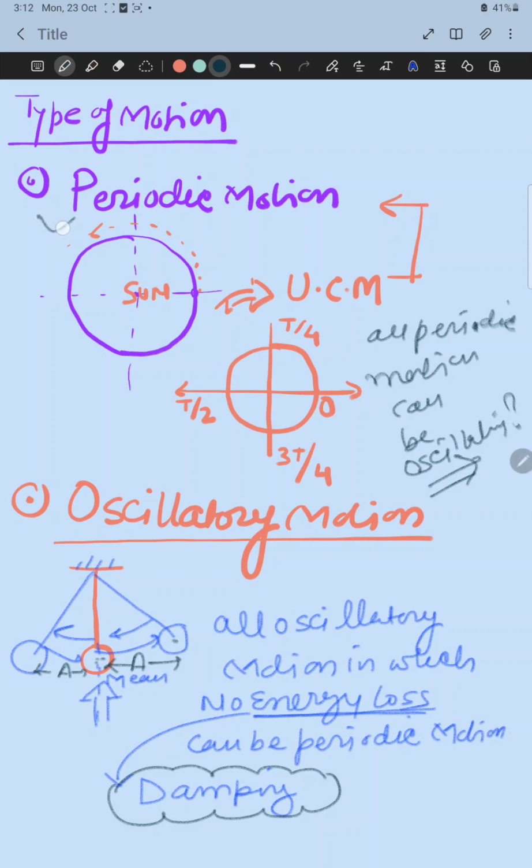We have discussed periodic motion and we have discussed oscillatory motion.